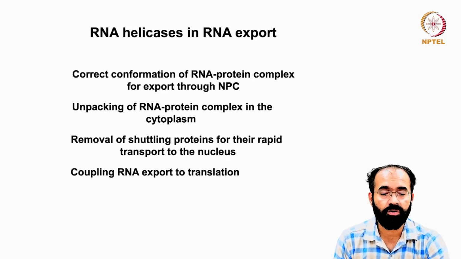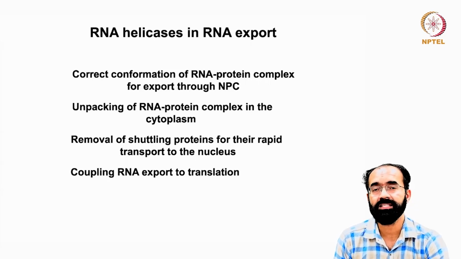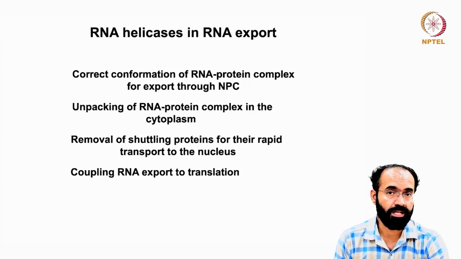Unpacking of RNA protein complex in the cytoplasm also requires RNA helicases. Removal of shuttling proteins for their rapid transport to the nucleus. Many proteins interact with the RNA transiently for the purpose of movement across the nuclear pore complex. So they need to be unpacked and categorically removed. So that is done by the RNA helicases.